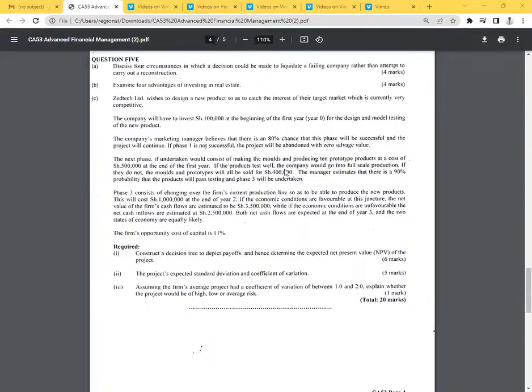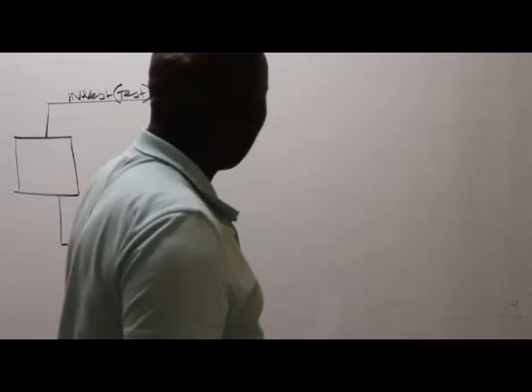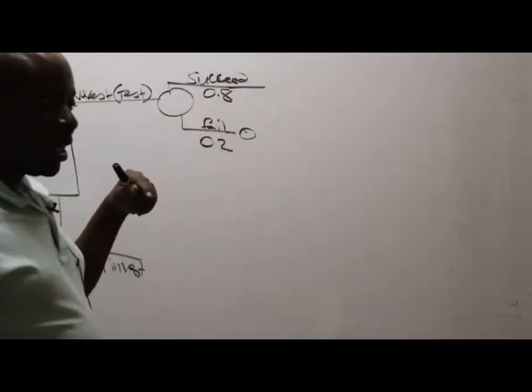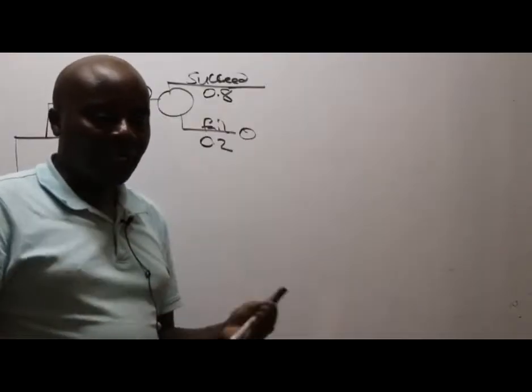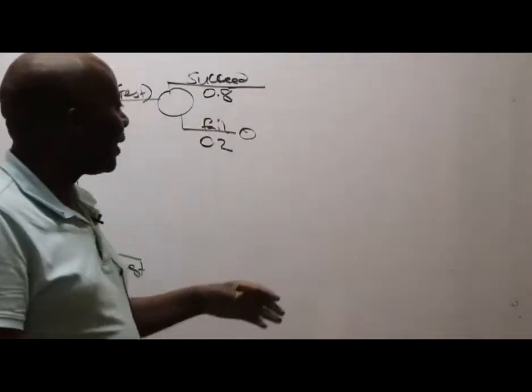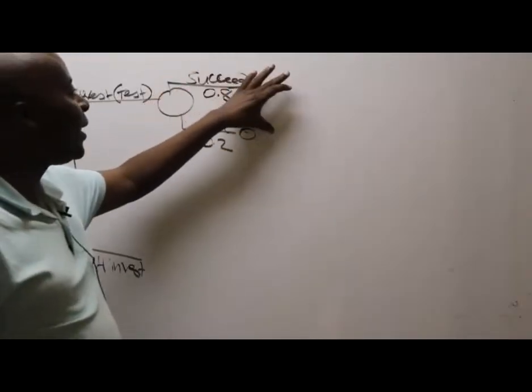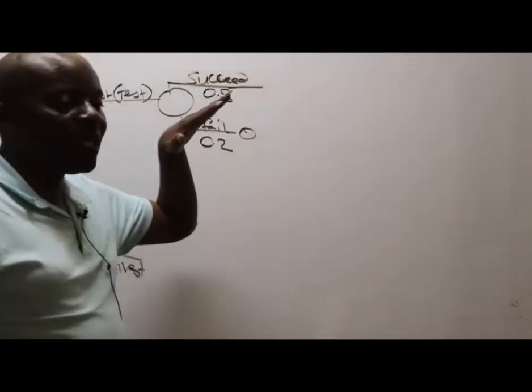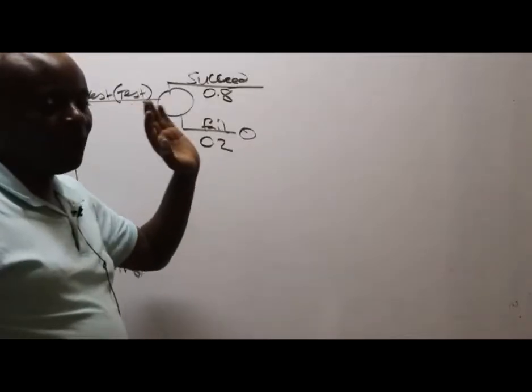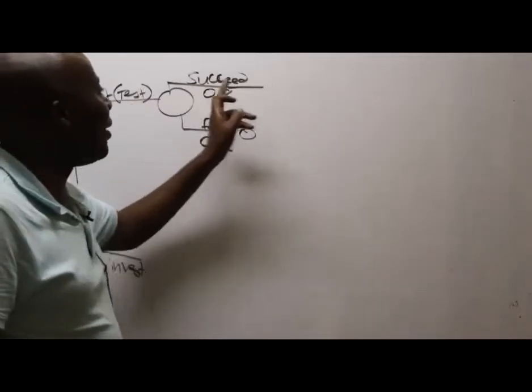If the products test well, the company would go into full-scale production. They've told us that if we succeed in this, then straight away we shall make the molds. So basically, I should not make a decision here like a box, because if I succeed, I've already decided to make the molds. So it's like succeed and make molds.